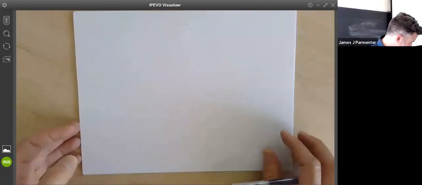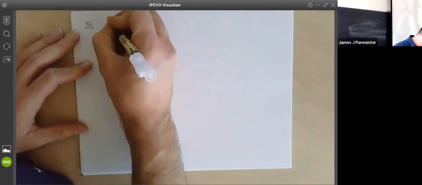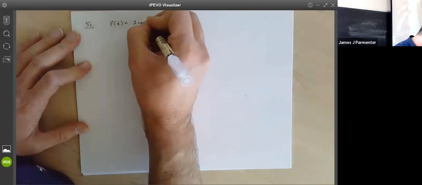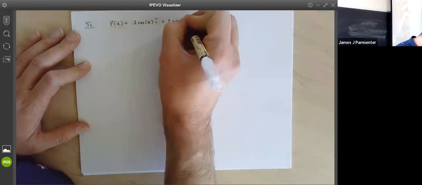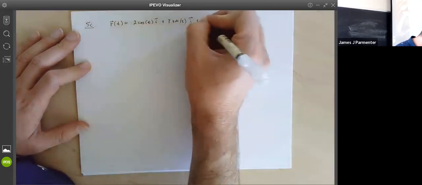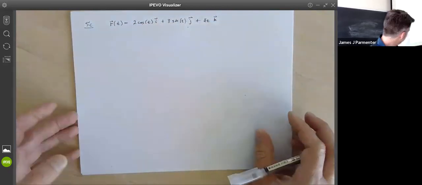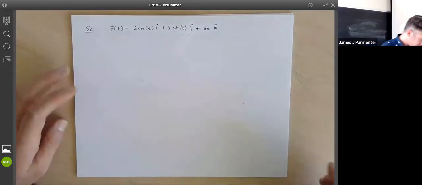A particle's position is defined by r of t equal to 2 cosine of t in the i direction plus 3 sine of t in the j direction plus 4t in the k direction. Find the particle's speed and direction of motion at t equal to pi.